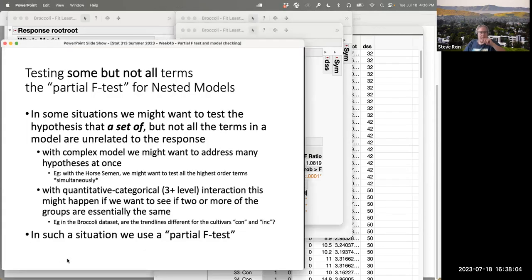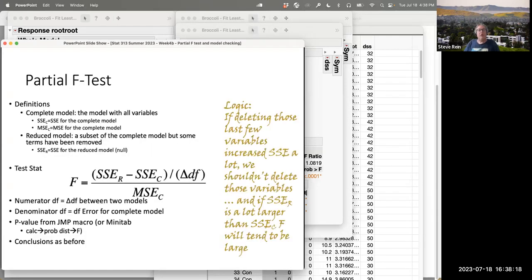So that was a long and rambly bit of discussion of, you know what, sometimes there are hypothesis tests that you can get after by dropping one or two or three of the variables. And when you drop the variables, all you've got to do is compare the sums of squares error of the two different models. So let's define a couple terms.